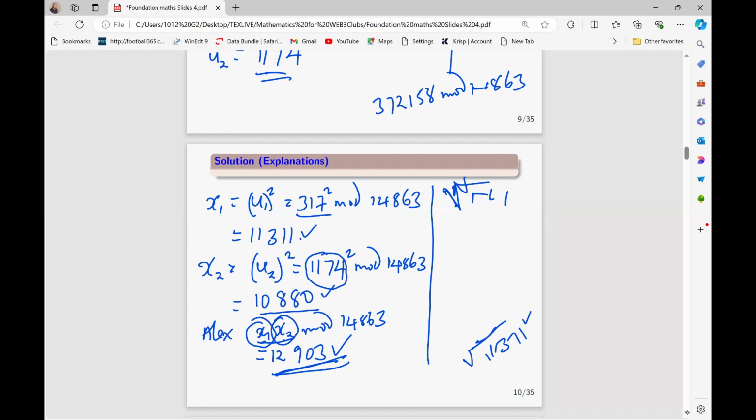Anybody trying to impersonate Cyprian may not prove all of them, may not give the square root of x1. Or if he manages to give the square root of x1, then he will not manage to give the square root of x2. He can only give one of these two.